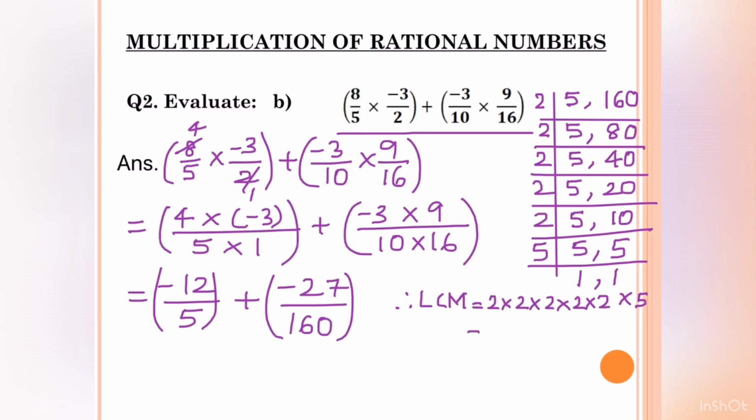This is equal to 2 times 2 is 4 times 2 times 2 is 4 times 2 times 5 is 10. This is equal to 4 times 4 is 16 times 10, which is equal to 160.